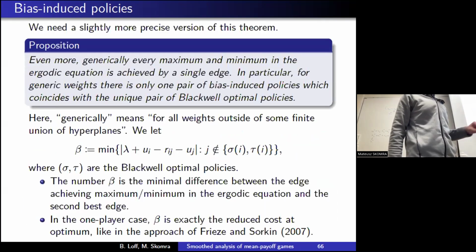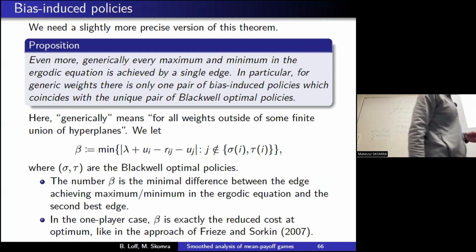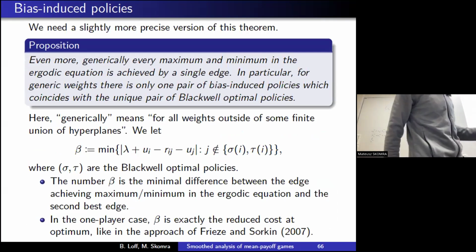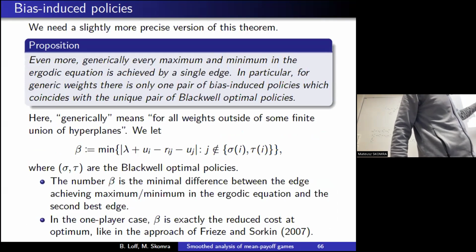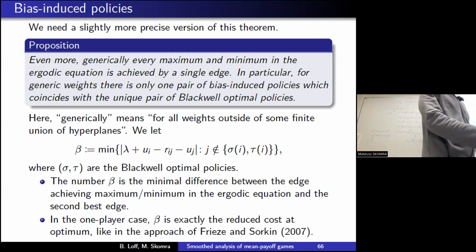So in our paper, we need a slightly stronger statement, but this is basically based on the techniques from this previous paper. So we proved that generically what happens to the weights of these games is that you have a unique solution to the ergodic equation, and also the maxima and minima are achieved uniquely. So we have unique policies coming from this ergodic equation. And these policies have to be Blackwell optimal policies because Blackwell bias is a solution.